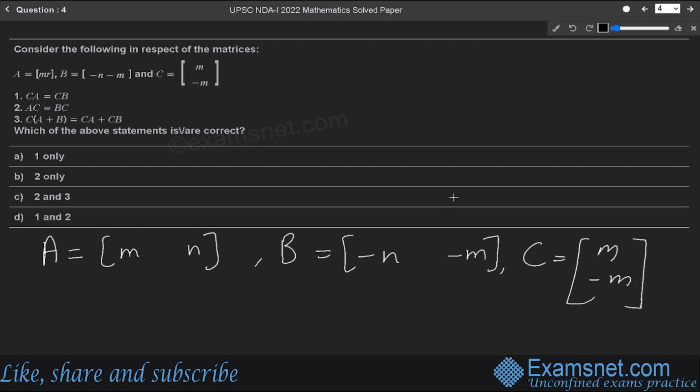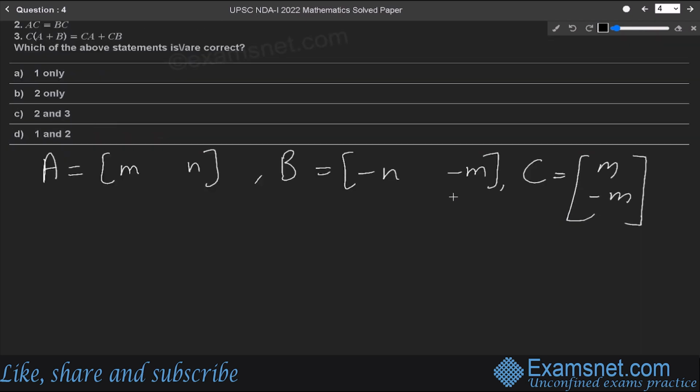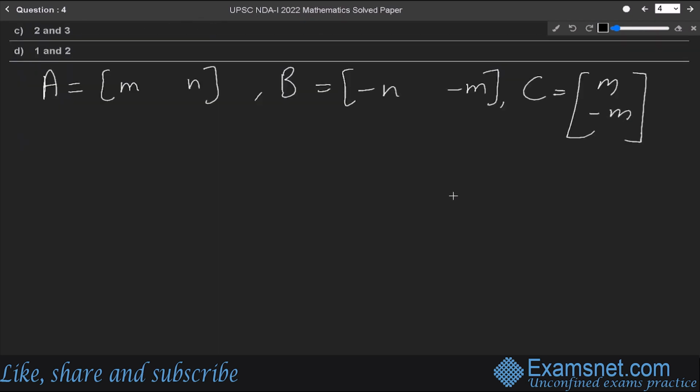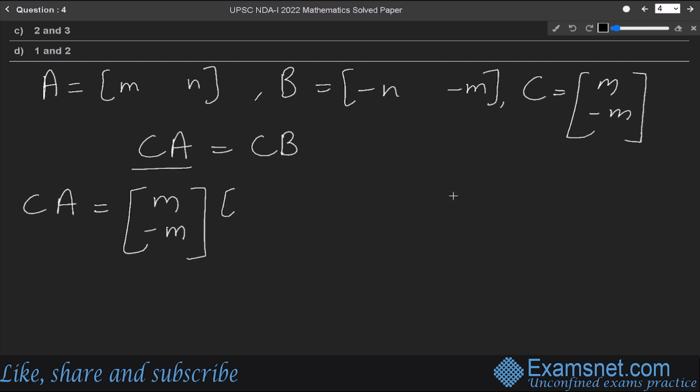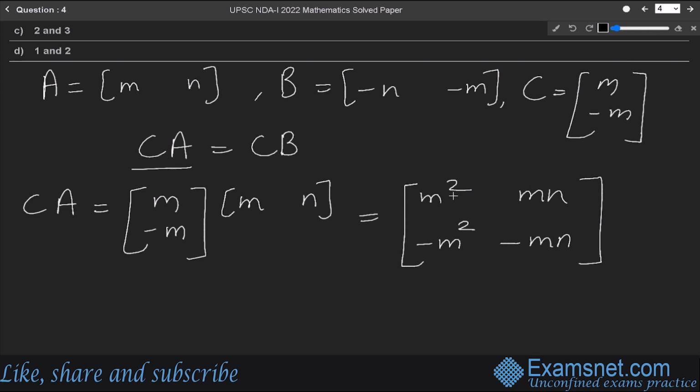Let us first see the first statement, which is CA is equal to CB. First, we will solve the left hand side, which is CA. CA will be equal to [m, minus m] into [m n]. Further multiplying, we get m square, mn, minus m square, minus mn. This is the value of CA.